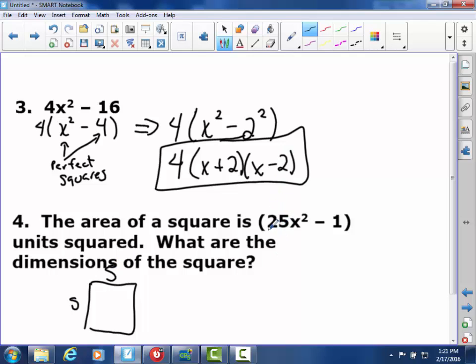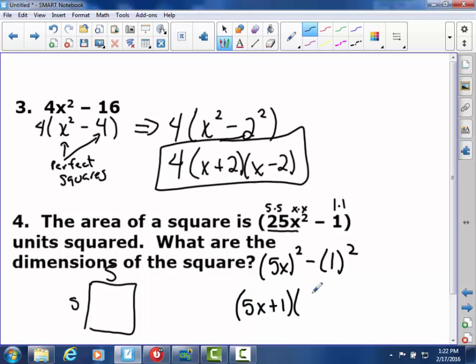I notice 25 is a perfect square. It's 5 times 5, x times x, and 1 is 1 times 1. So this is the difference of perfect squares. I can rewrite this as 5x squared minus 1 squared, which means it's equal to 5x plus 1 times 5x minus 1.